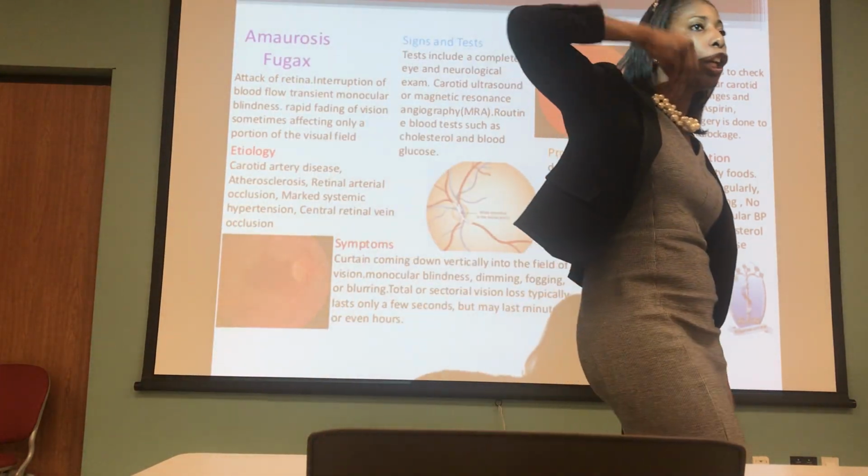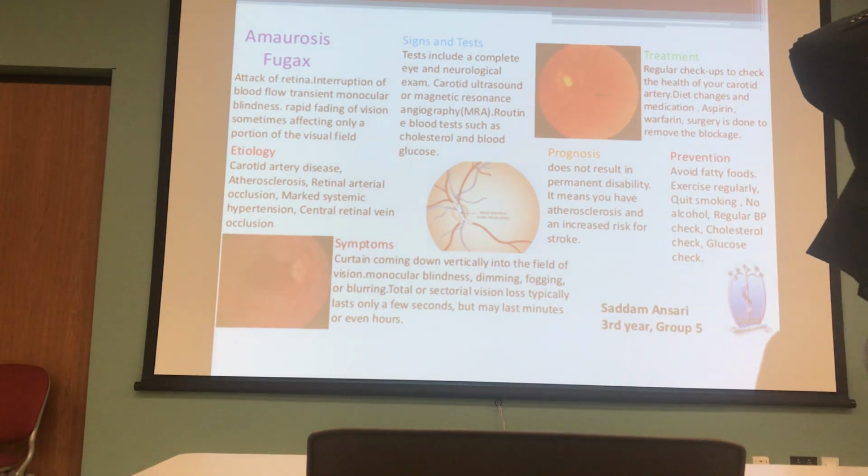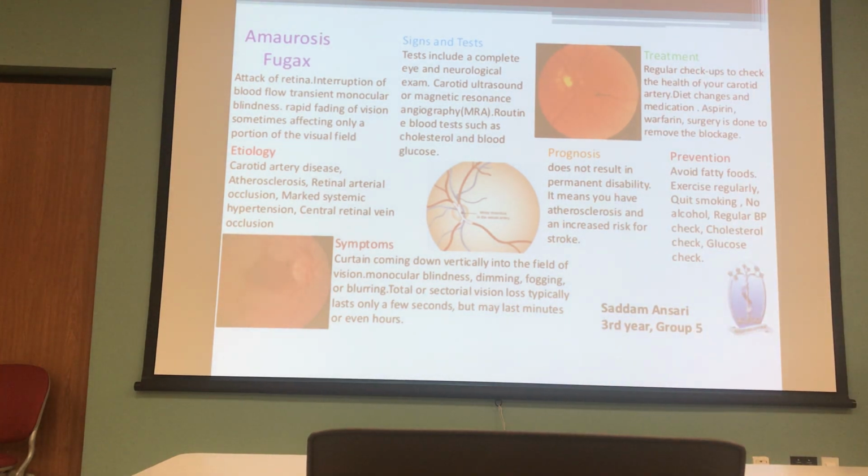Ipsilateral monocular blindness. And it usually means that a stroke is on the way. Okay? That's exactly what it means. It's a stroke is on the way. You either go and fix that carotid, or that person's going to stroke. Okay? Amaurosis fugax.